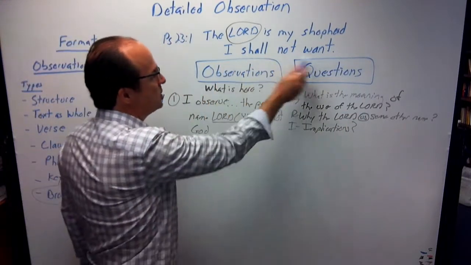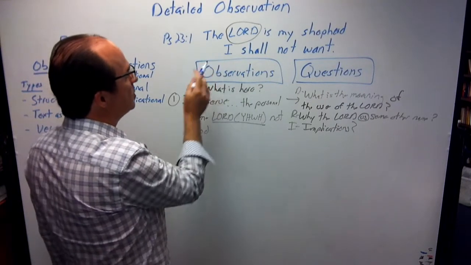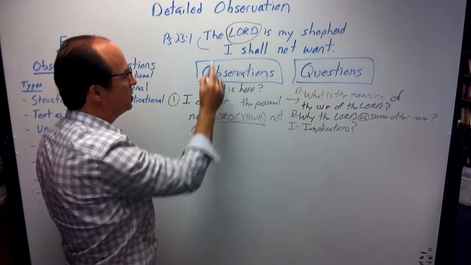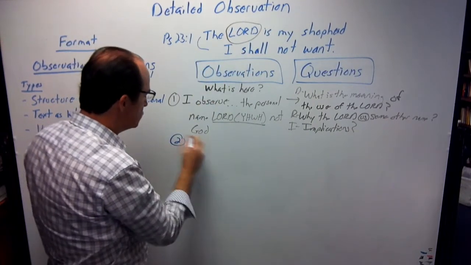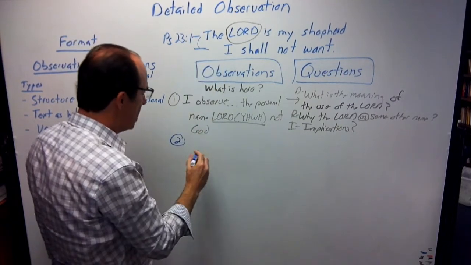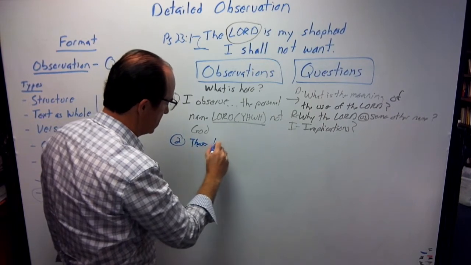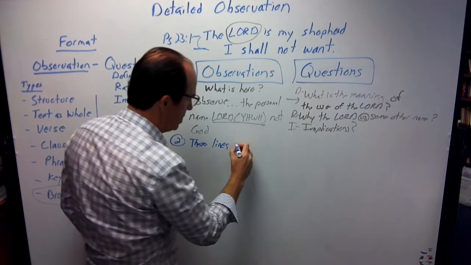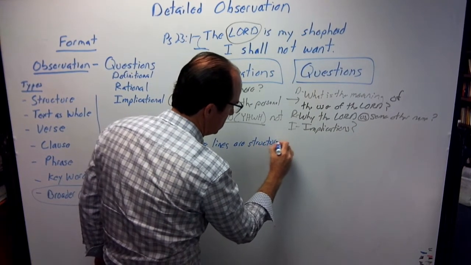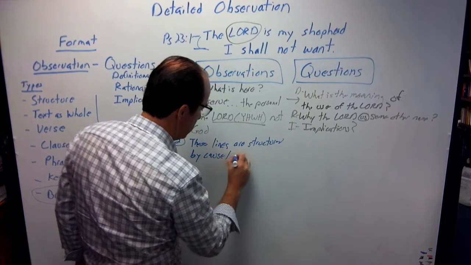Let's make an observation about I shall not want. And doesn't it look like here, what's the relationship? The Lord is my shepherd, I shall not want. It looks like structure-wise that these two lines are structured by cause and effect.